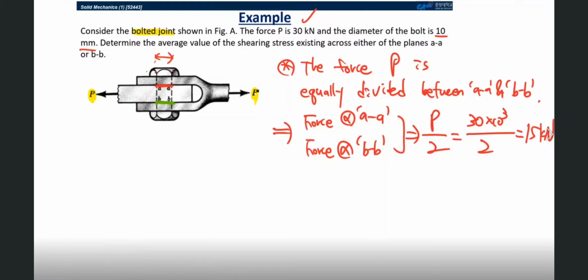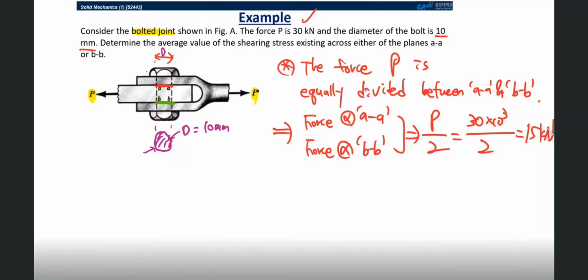Now we have to define the cross-section area of this bolt. So the cross-section area should be like this. And we know the diameter. So the diameter, again, D is equal to what? 10 millimeter.